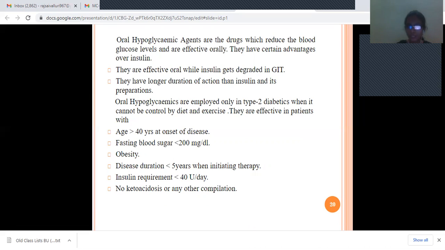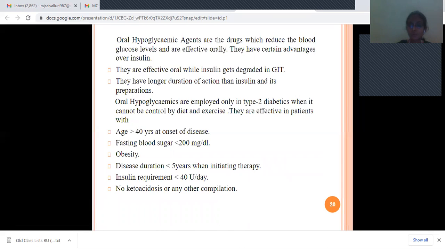They are effective orally, whereas insulin gets degraded in the gastrointestinal tract. They have a longer duration of action compared with insulin preparations, and they are mainly used in the treatment of type 2 diabetes when it cannot be controlled by diet and exercise.